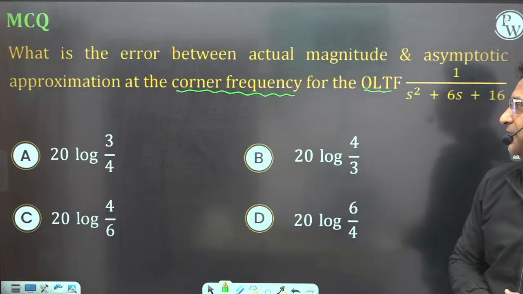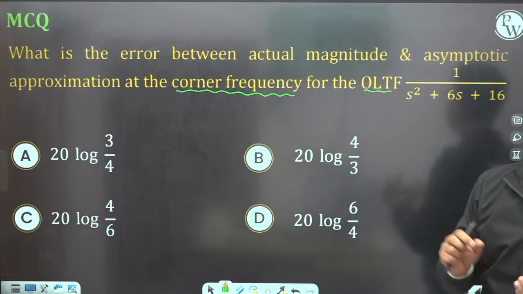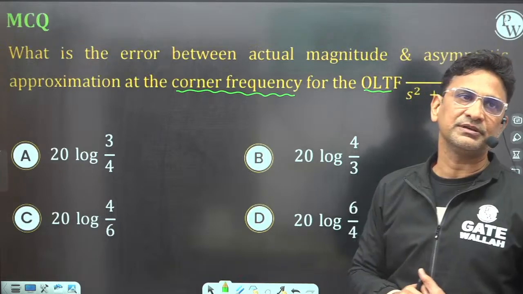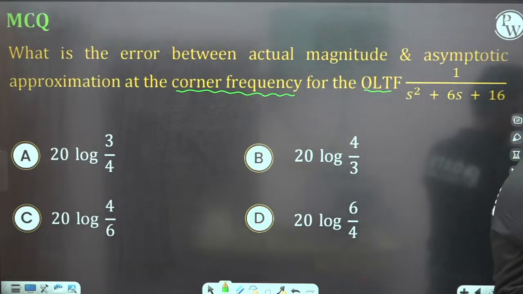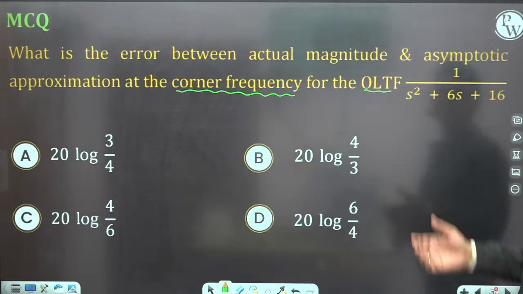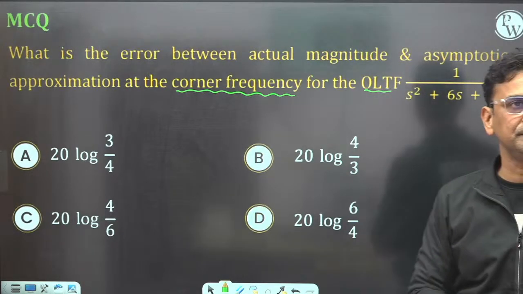So you have to find out the error at the corner frequency between the actual Bode plot and the approximate asymptotic Bode plot. So how to find out? This open loop transfer function has two complex conjugate poles.